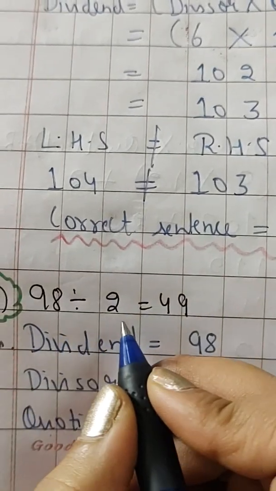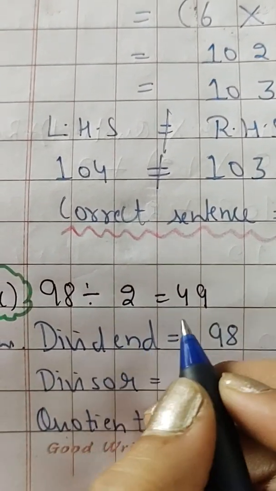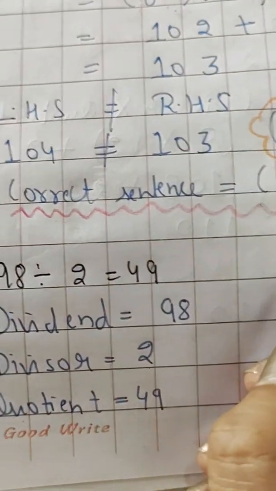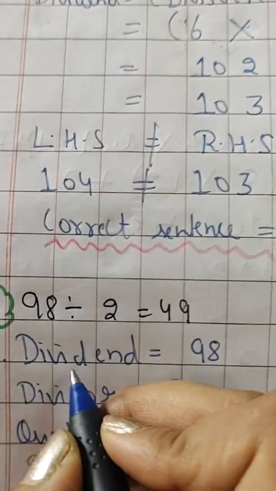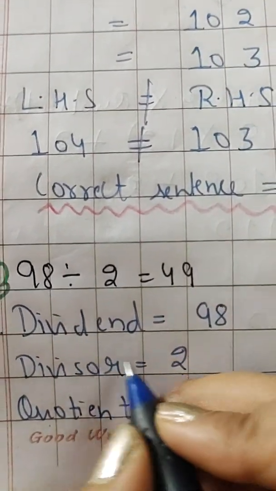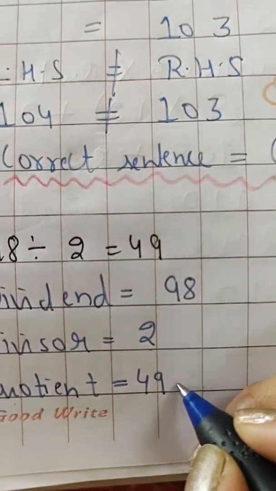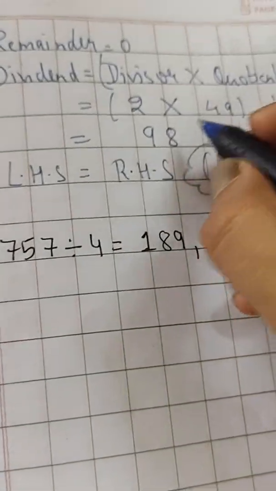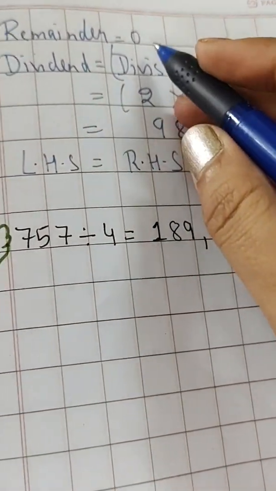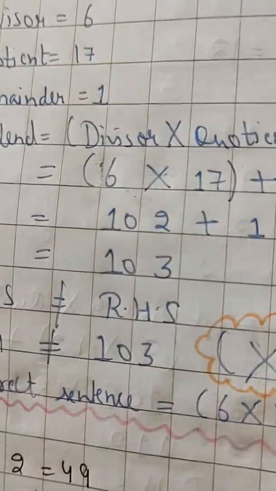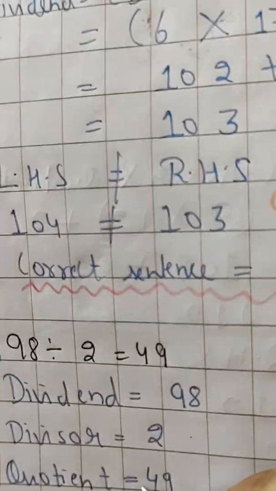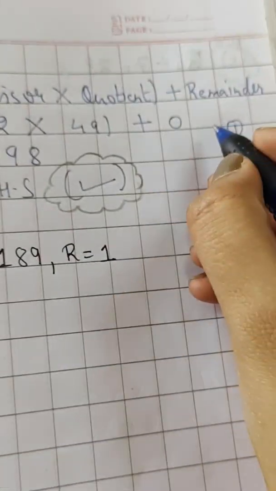Now 98 divided by 2 is equal to 49. We have to check. If no remainder is written, it means the remainder is 0. So dividend here is 98, divisor is 2, and the quotient is 49. So you have to multiply quotient and divisor. 49 multiplied by 2 is equal to 98. Plus you have to add the remainder, but we don't have one, so we will put 0 here.